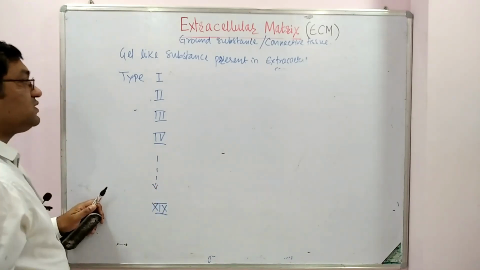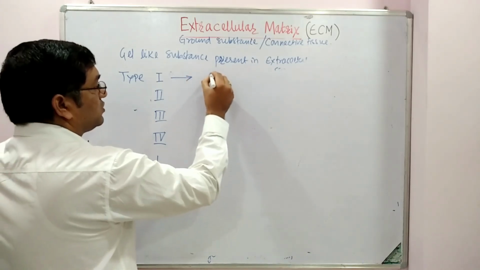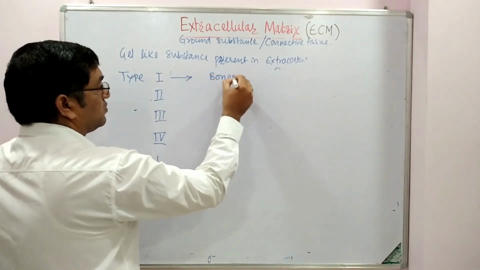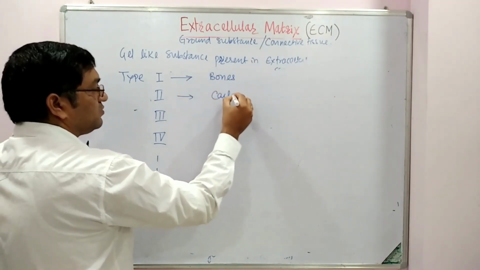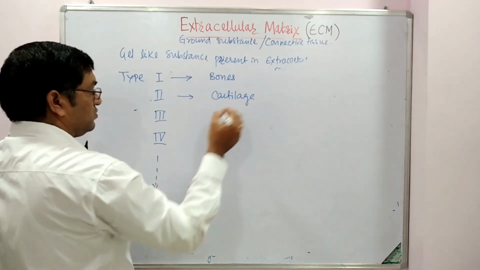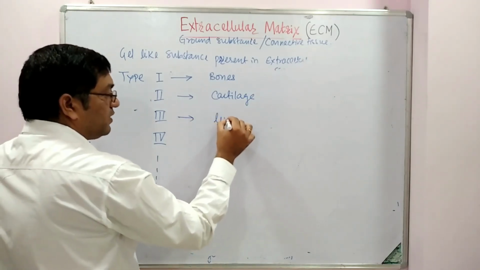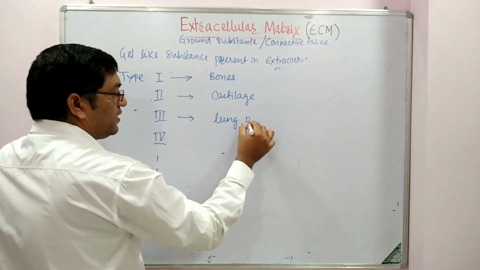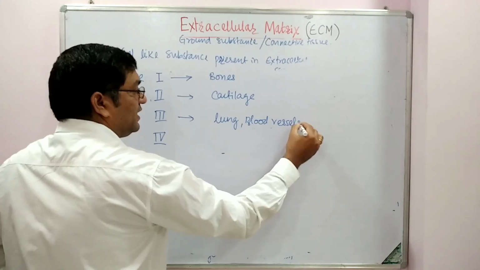Type 1 is present mainly in bones. Type 2 is in cartilage. Type 3 is present in elastic tissue, for example lung, blood vessels and tendons.